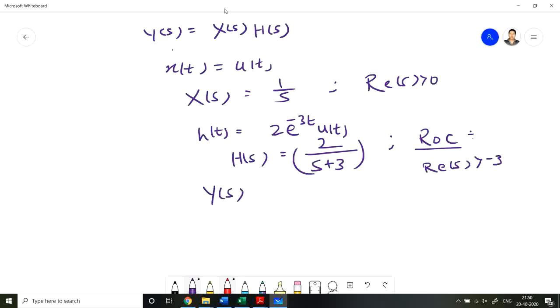Then Y(s) is written as X(s) multiplied by H(s), and that is equal to 1 by s multiplied by 2 divided by s plus 3.